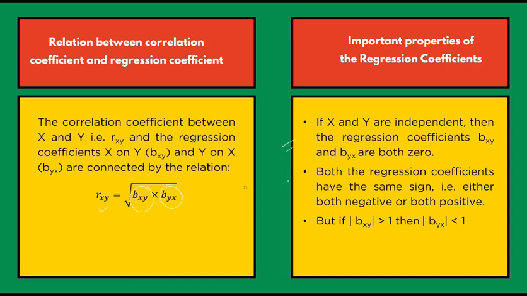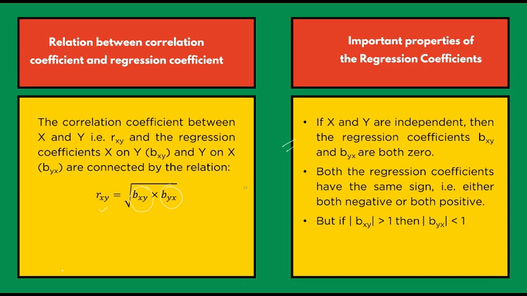Both the regressions will have the same sign, that is, both positive or both negative. And if one of the regression coefficients, say bxy, is greater than 1 in absolute value, then byx will be less than 1. This is the relationship between the regression coefficients.